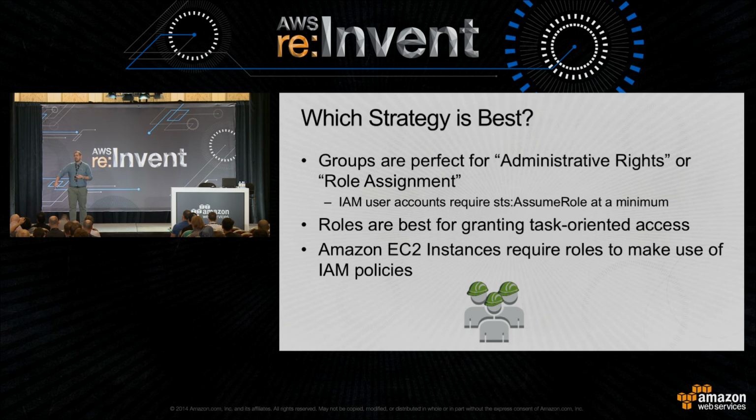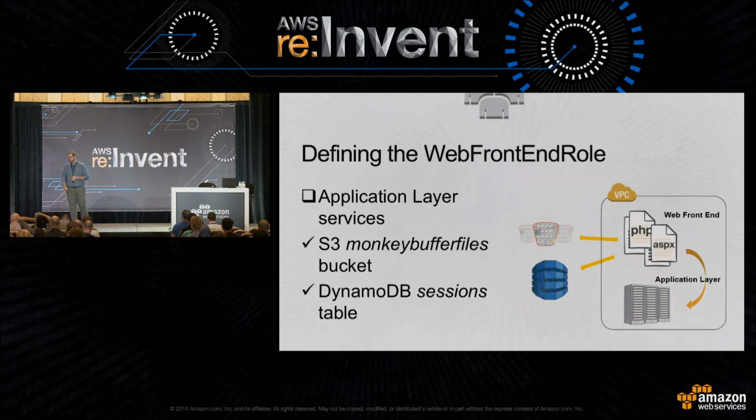They're also really great for role assignment because if you have a bunch of IAM users defined, then you need some way at least to grant them assume role and a set of roles that they can assume. And so you can create groups that grant that power. Roles are best for actually granting the rights necessary to do work. And of course, you have to use roles for EC2 instances.